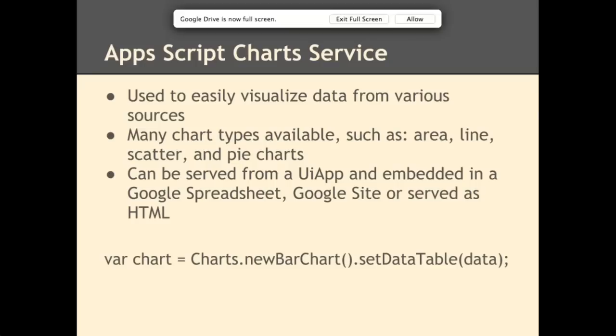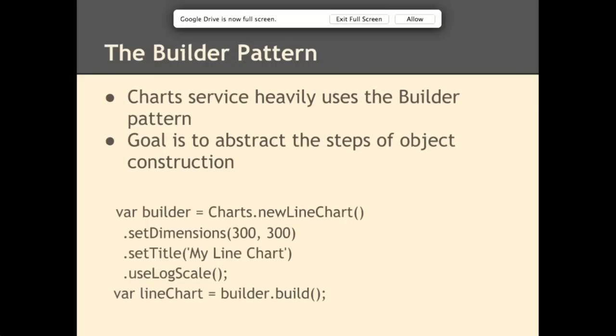So an example of how to invoke it is from a script file. You would just do var chart equals charts.newBarChart().setDataTable(data). So the new bar chart will give you a new chart builder. In this example, a bar chart. And then also you can add some data to it. So that's a very quick outline of how to do it, and I'll go into more detail.